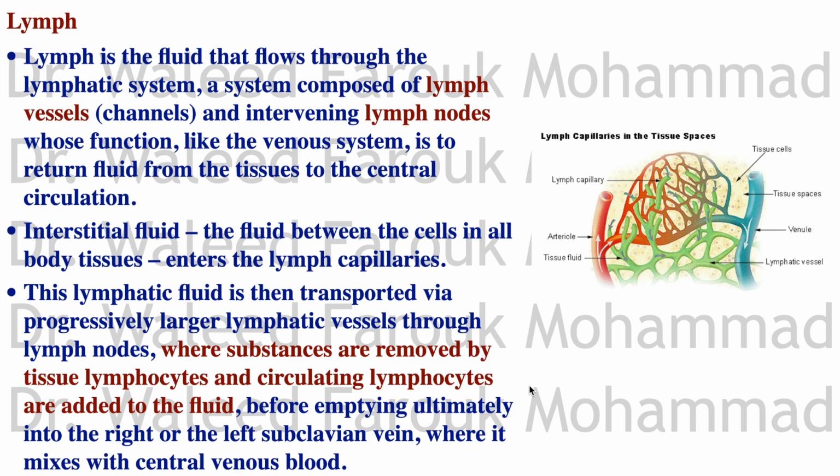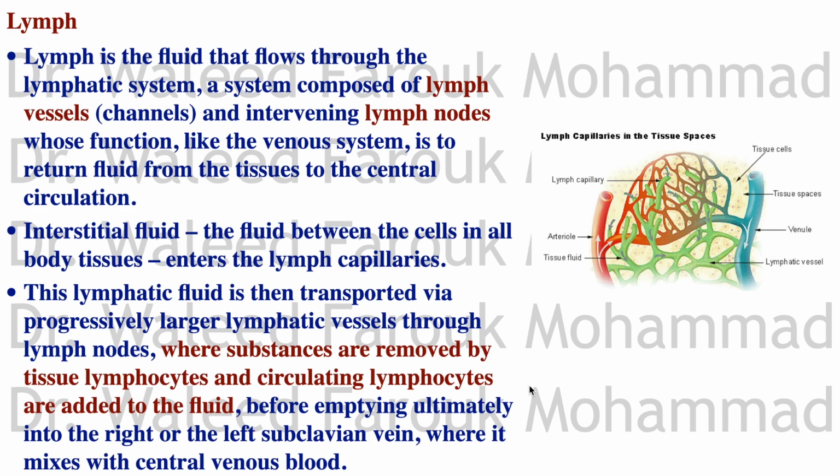Then eventually the lymph is returned back to the venous system through the subclavian veins and the major lymph ducts: on the left side, the thoracic duct, and on the right side, the right lymphatic duct.